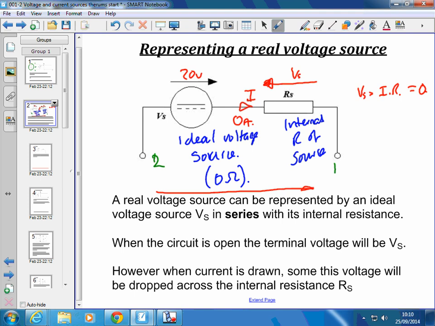What we're dropping across the two terminals, to comply with Kirchhoff's voltage law, these two add up to that. That's nothing. So if that's going to equal that, it must be 20 volts. So open circuit, the terminal voltage of that source is equal to the voltage of the ideal voltage source. So open circuit, it equals the 20 volts or 30 volts that it's specified.